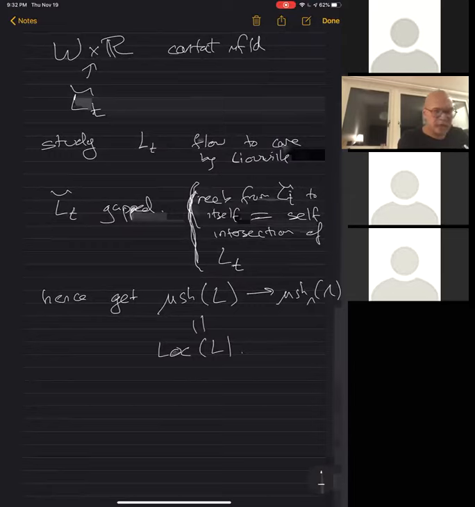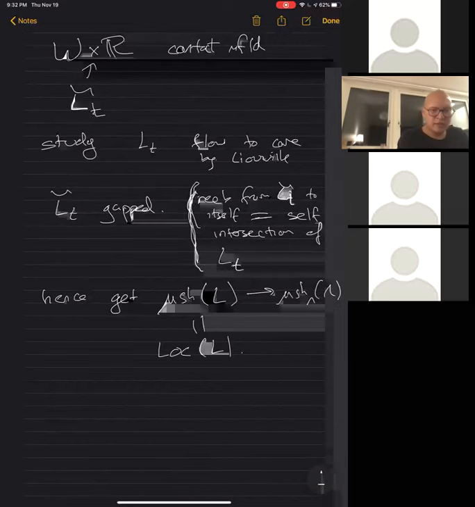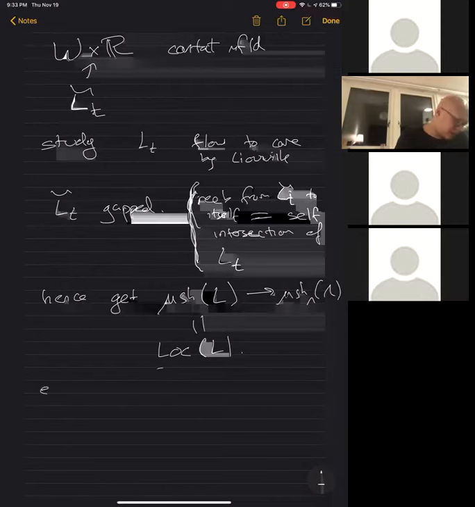And importantly, I promise you that this functor is fully faithful. In other words, if I take, for example, the constant local system on L, and I take endomorphisms of it, it'll be the same in both.